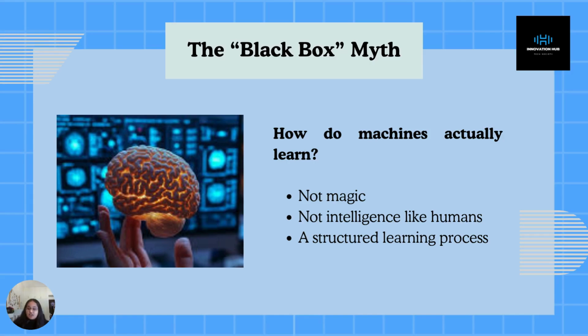When we say a machine is learning, what we actually mean is that it is improving its performance on a specific task using data. So instead of thinking about it as the machine is learning, I think we should think about it as optimization. Optimization is the process of adjusting a system to minimize error and improve accuracy. And in this module, we're going to break down exactly how that happens, step by step, so that the idea of machine learning becomes completely transparent.